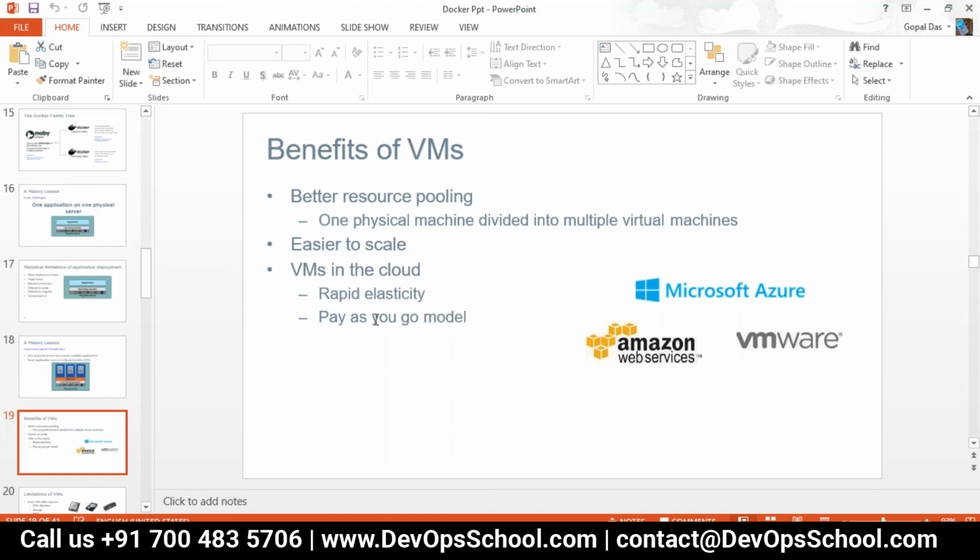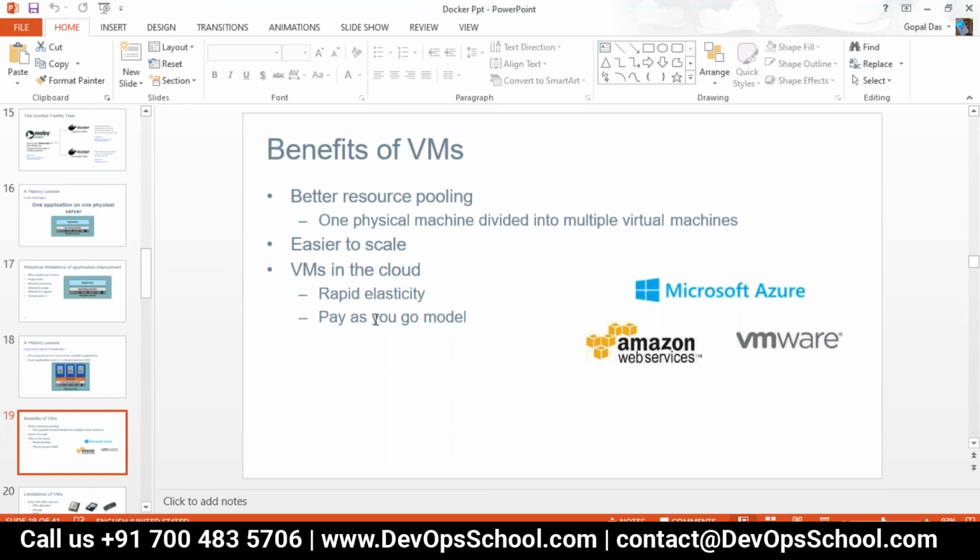How are Amazon or Microsoft Azure providing your machine? Is it on top of physical hardware, or is it a shared resource you are getting? Shared one. That way only they can earn.